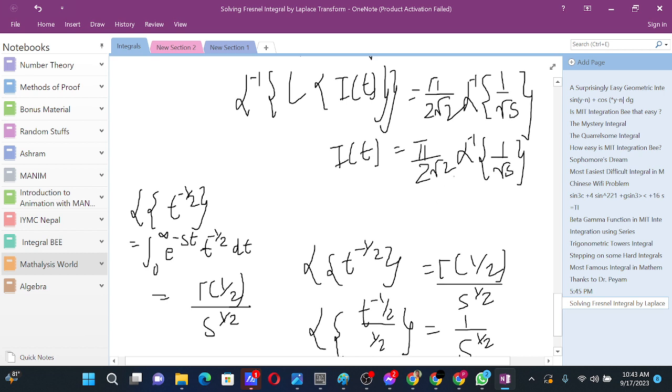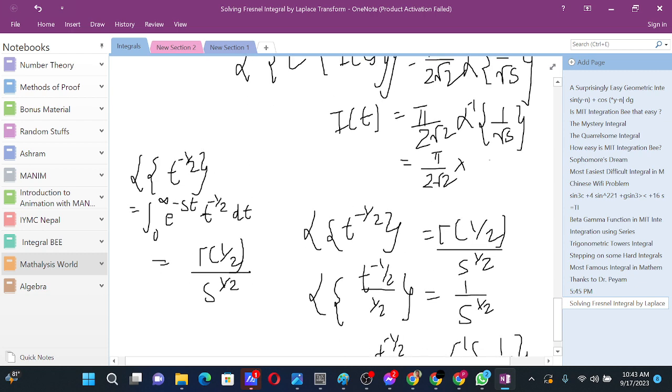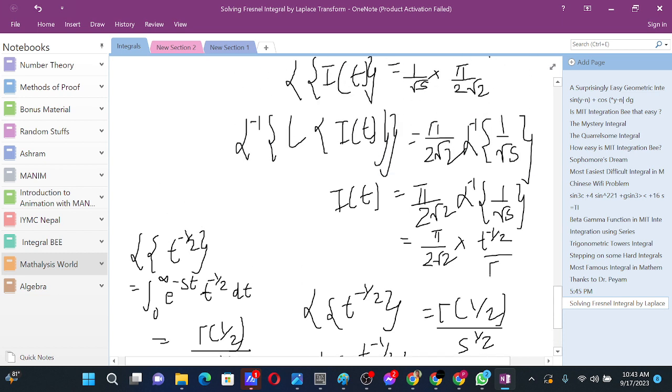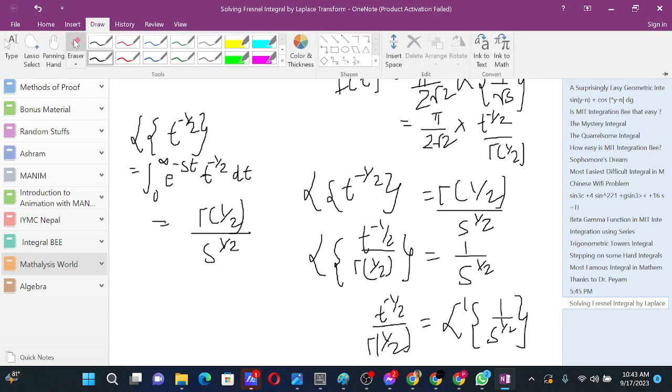So now this inverse Laplace transform is just pi by 2 root 2, and then t to the power minus 1 by 2 by, sorry, this is gamma of 1 by 2, not just 1 by 2, gamma of 1 by 2 by gamma of 1 by 2. Okay, now let me erase all the things over here.